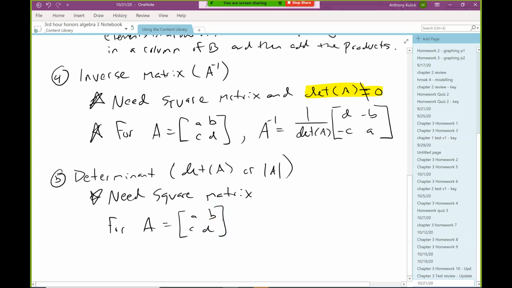So if A is the matrix A, B, C, D, the determinant of A is just AD minus BC. That's just going to be a number.